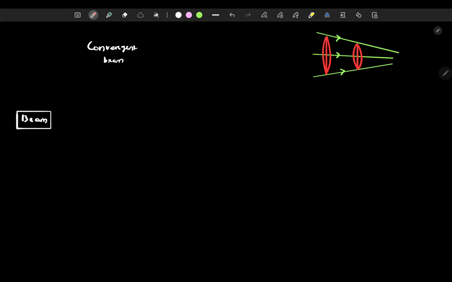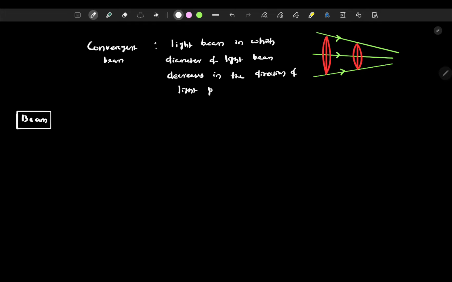So we can write: light beam in which diameter of light beam decreases in the direction of light propagation. This is called convergent beam.